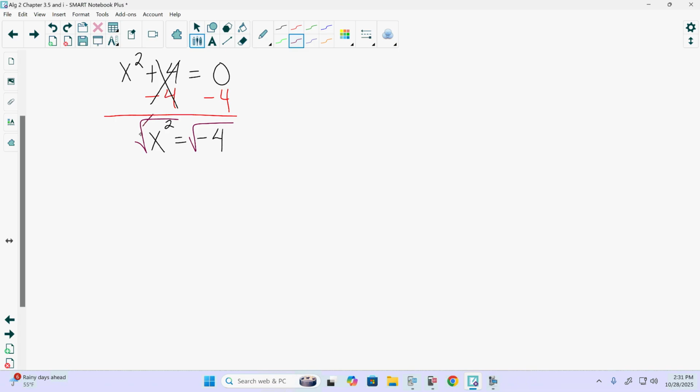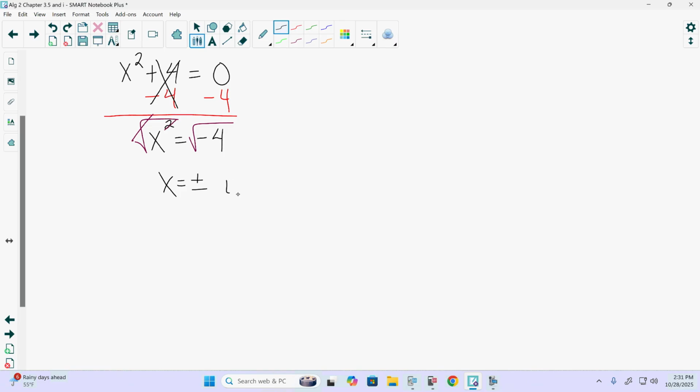Yeah, so we would do what? Square root both sides. On the left-hand side, the square root and square would cancel, giving us x. And whenever we take the square root of both sides, we have to put the plus or minus. So we have x is equal to plus or minus 2i. Now, the graphing calculator will take the square root of negative 4 easily, because the square root of 4 is a perfect square.